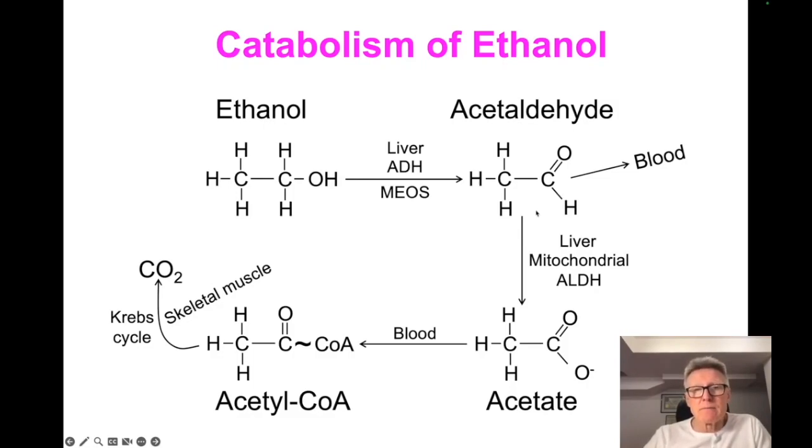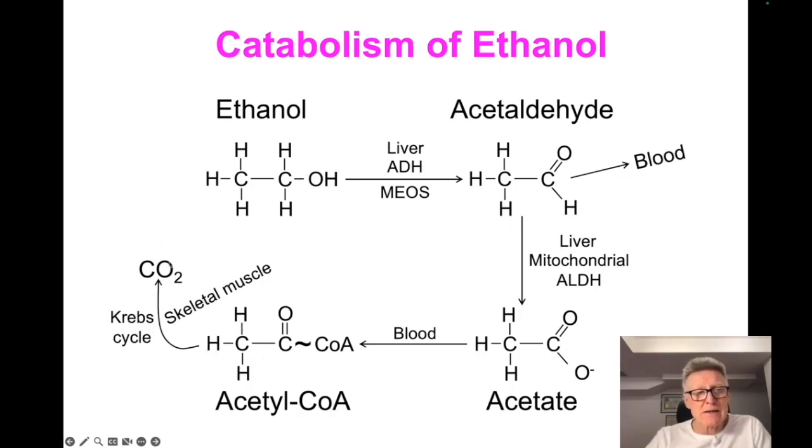But mostly what happens is that acetaldehyde enters the mitochondria. In the mitochondria of the liver, there is another enzyme called acetaldehyde dehydrogenase, abbreviated here as ALDH. What ALDH does is convert acetaldehyde into acetate. And again, if you remember, acetate is that 2-carbon molecule that can be converted into acetyl-CoA.